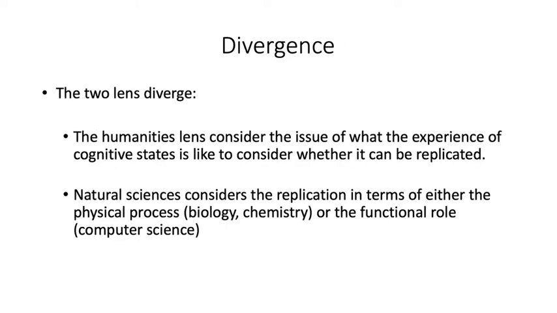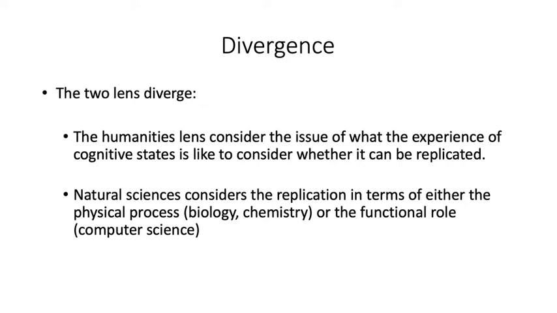Then the next slide is going to be how do these two lenses diverge on this topic? And so the humanities lens, what it's looking at in most cases is looking at the experience we have. So I want to draw the distinction now. So if the last slide was how are they similar, this one's how are they different. So the humanities is about the experience. Natural sciences are looking at that physical process, the biology, the chemistry that goes into the brain, or the functional role.